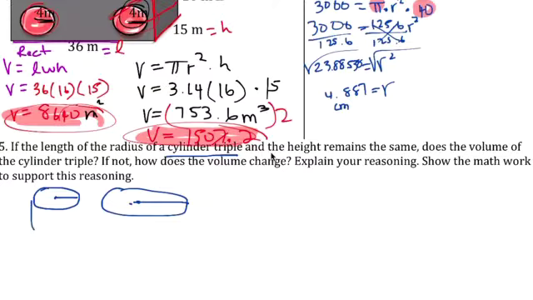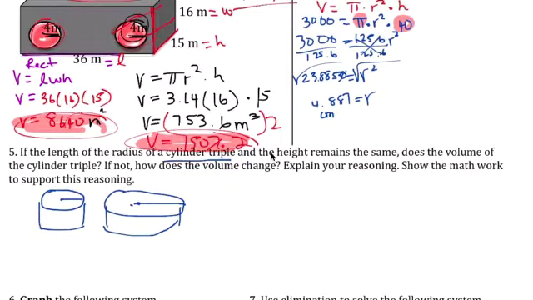If the radius of a cylinder triples and the height remains the same, does the volume of the cylinder triple? If it does, if not, how does the volume change? Explain your reasoning. Show the math work.